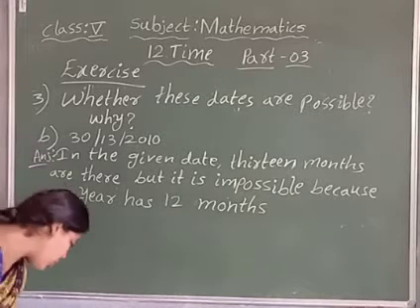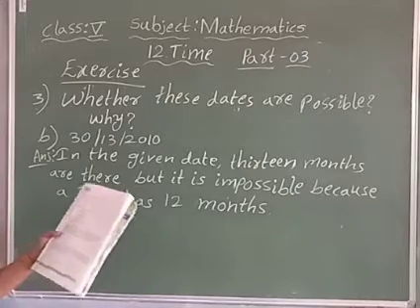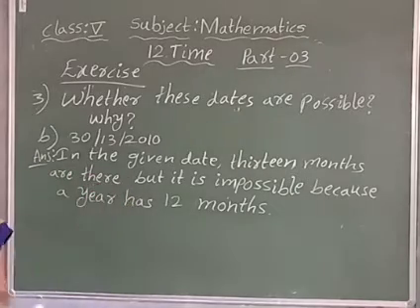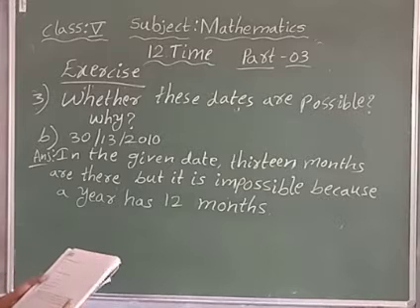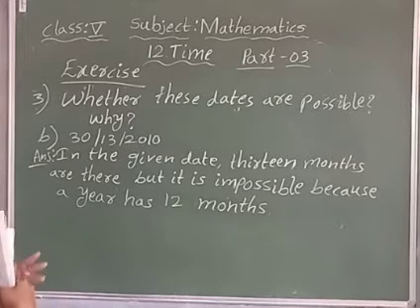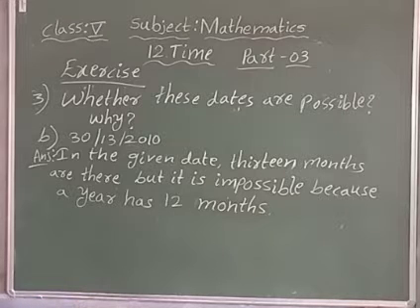Then write the fourth question, children, in your notebook too. Write all of you, the fourth one. So all of you understand this? Understand?